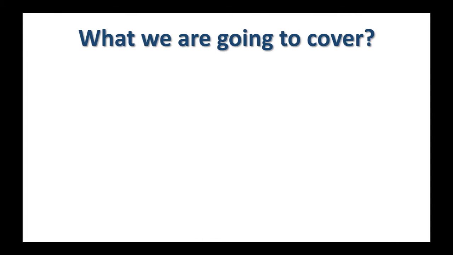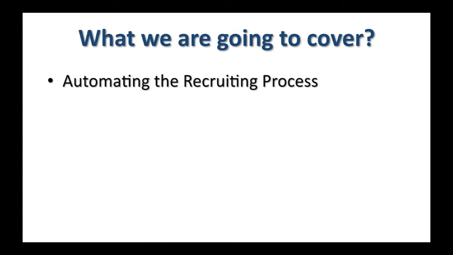So I'm going to jump right in and tell you just a couple things that we're going to cover. I'm going to cover a lot more than what's here, but just to give you an idea, I want to show you how to automate the recruiting process more or less. And this is coming from experience of doing it all old school. The things that I did old school, I guess you could say, totally worked. But I want to show you how with today's technology we can increase that and almost literally automate that process to the nth degree.